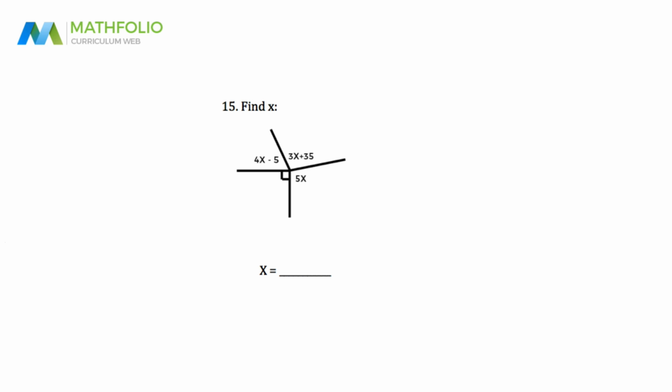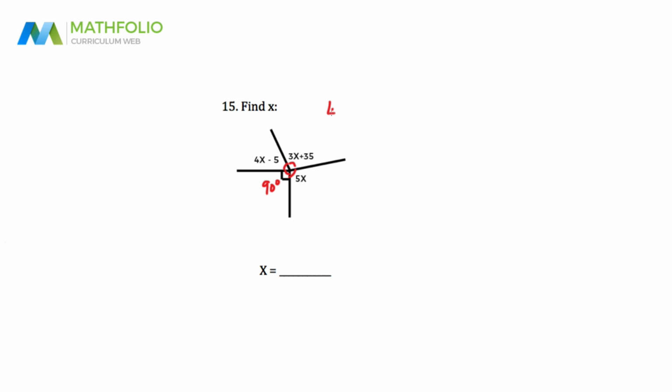Okay, question 15. All right, so as I'm looking at this, I see that these angles, one, two, three, four angles, make up 360, a full turn. I also see this little square, so that means that it's 90 degrees.